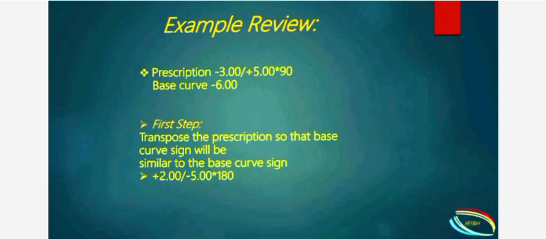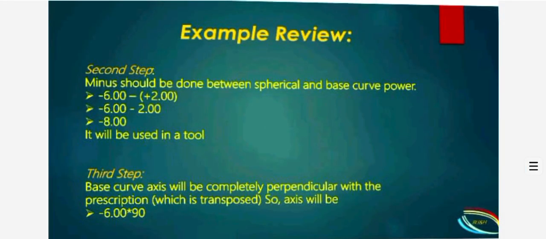First add sphere plus cylinder: minus 3 plus 5 gives plus 2. Change the sign of the cylinder value to minus 5, and the opposite of 90 degrees is 180 degrees.